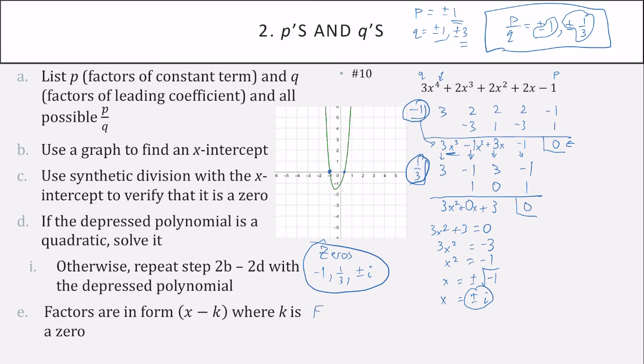All right, if you want it in factored form, it's in the form x minus k. So that'd be x minus a negative 1, x minus 1/3. And usually you don't do it with i, so we could go back up to here and use that as the last factor.